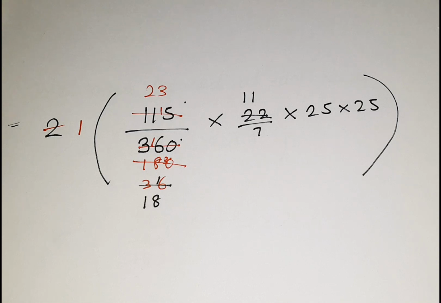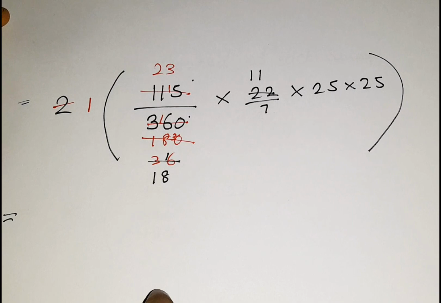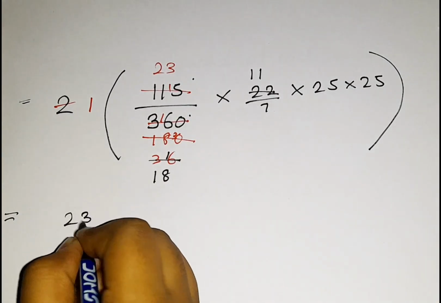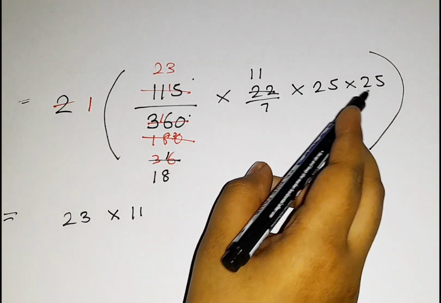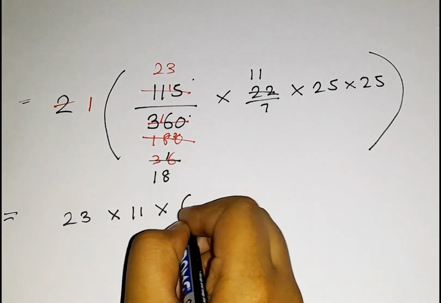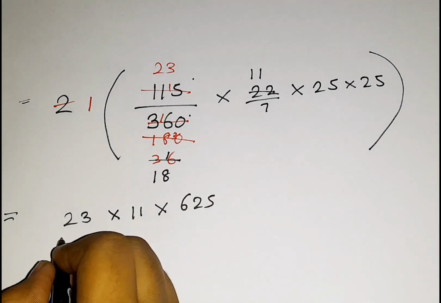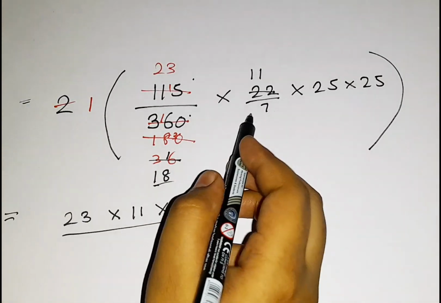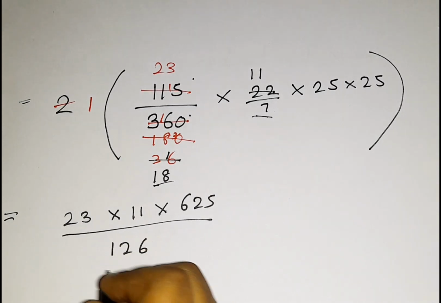Now let us write the rest of the values as they are. Here we have 23 into 11 into 25 into 25, which is 625, divided by 18 and then 7. 18 sevens are 126.